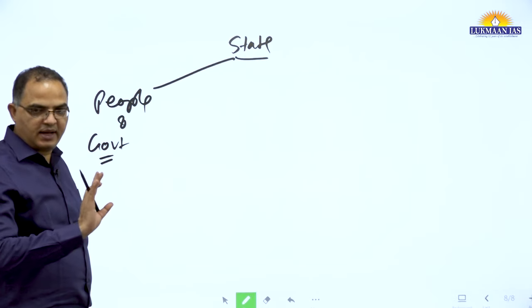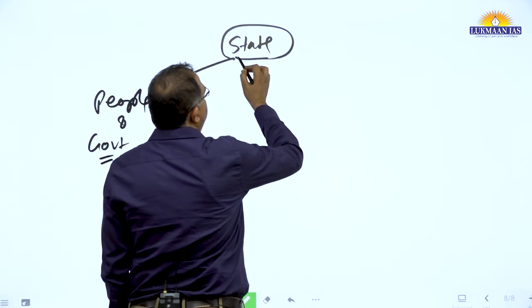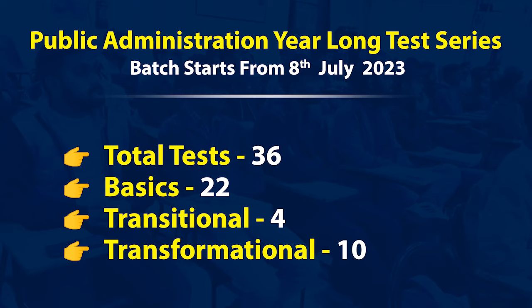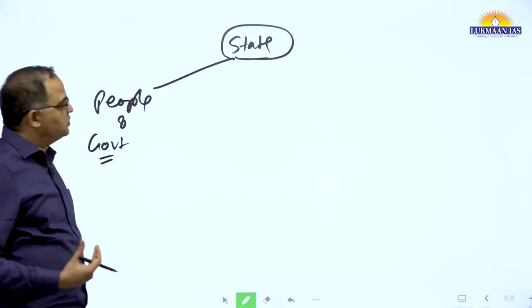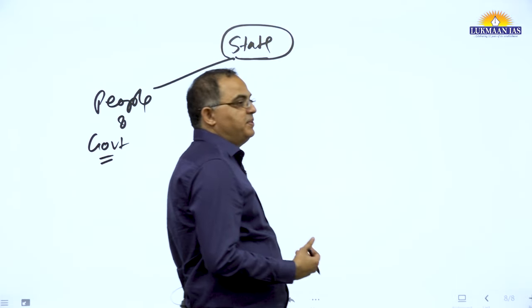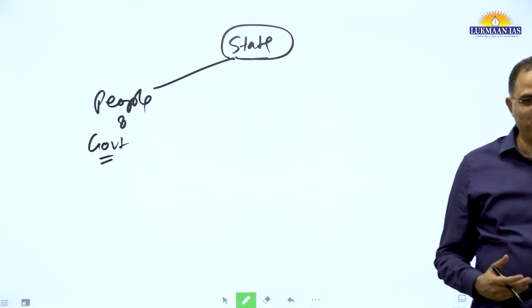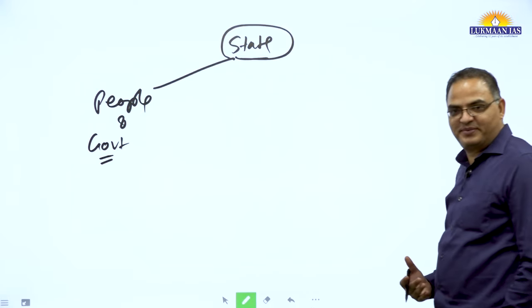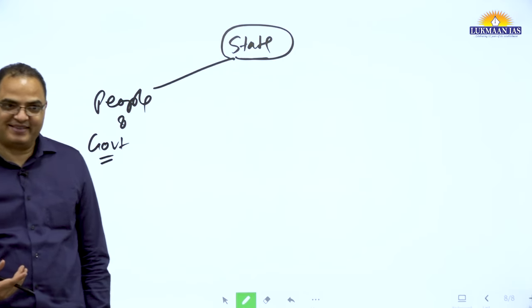Now, why did people start saying they should be governed by a state, not a monarch? They wanted their independence. So they created a state. But don't you think that a state can also become arbitrary? A state can also become exploitative, which people may have been aware of. It's not that they were not aware.